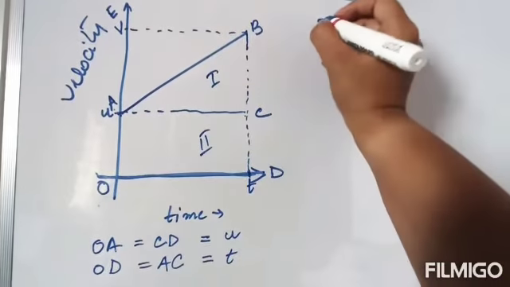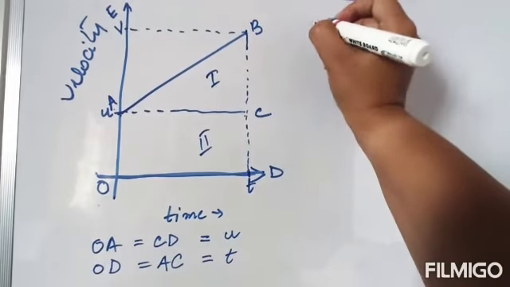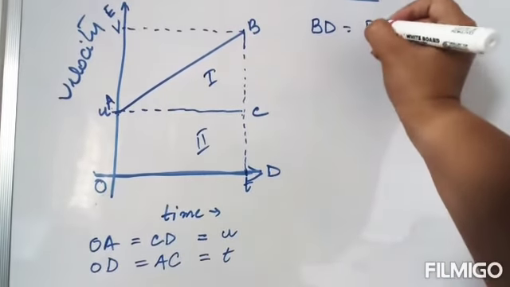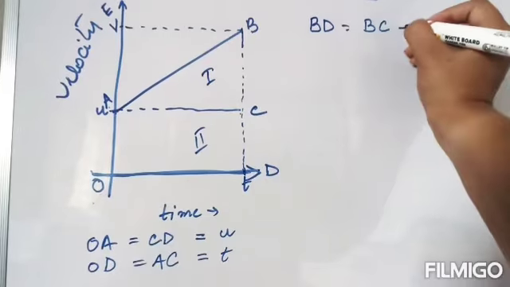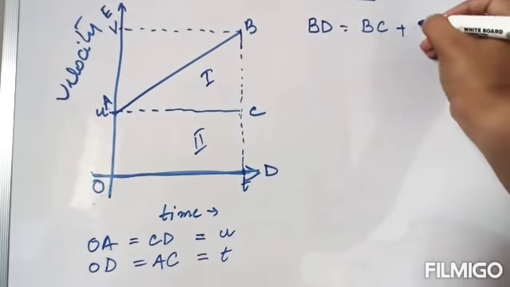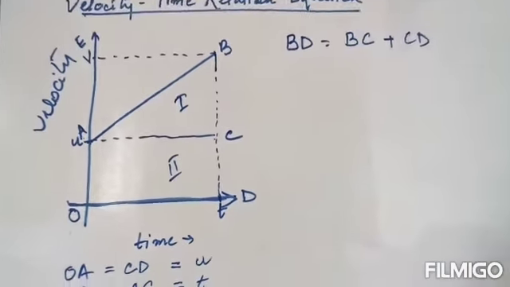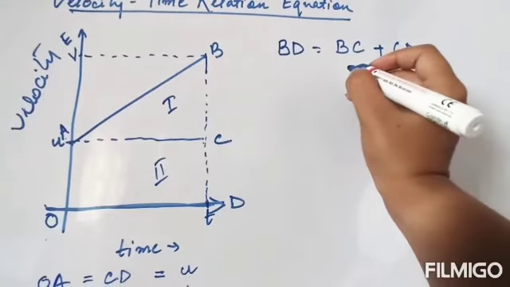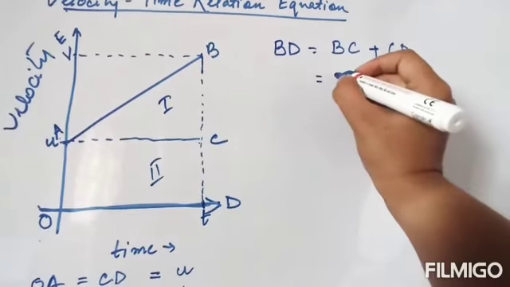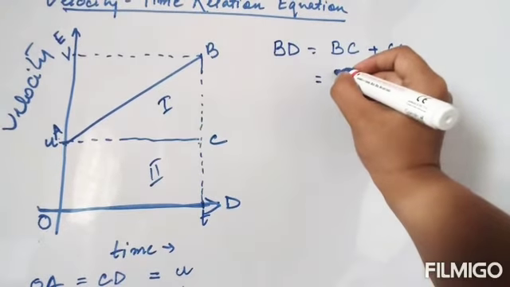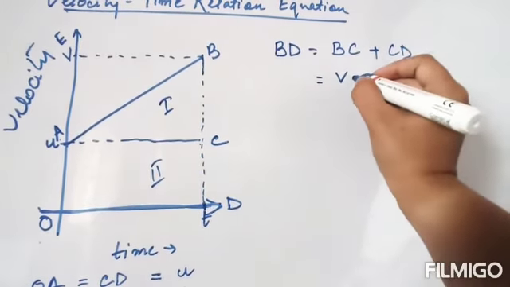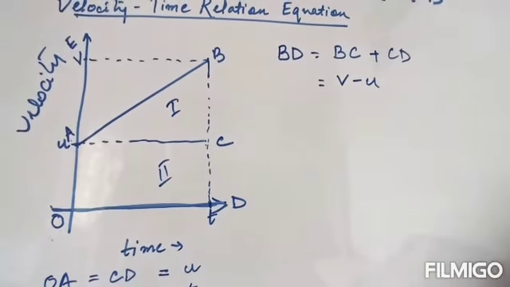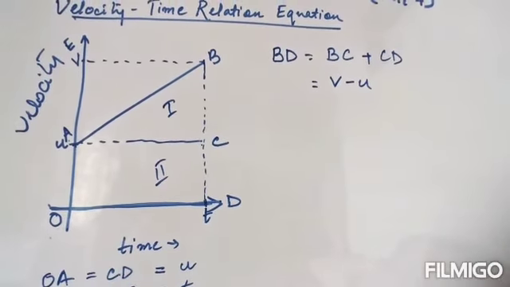So what is BD? BD is actually BC plus CD, correct? Now what is BC? BC is V minus U. What is CD?